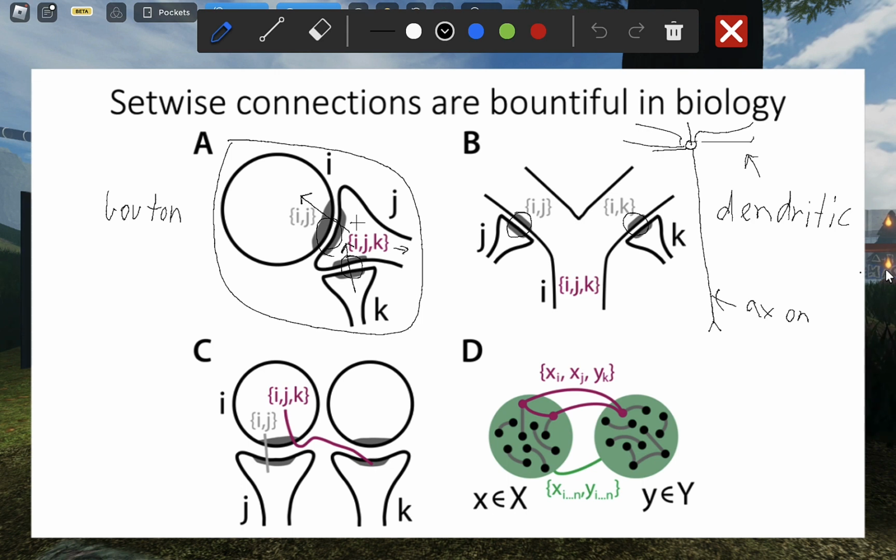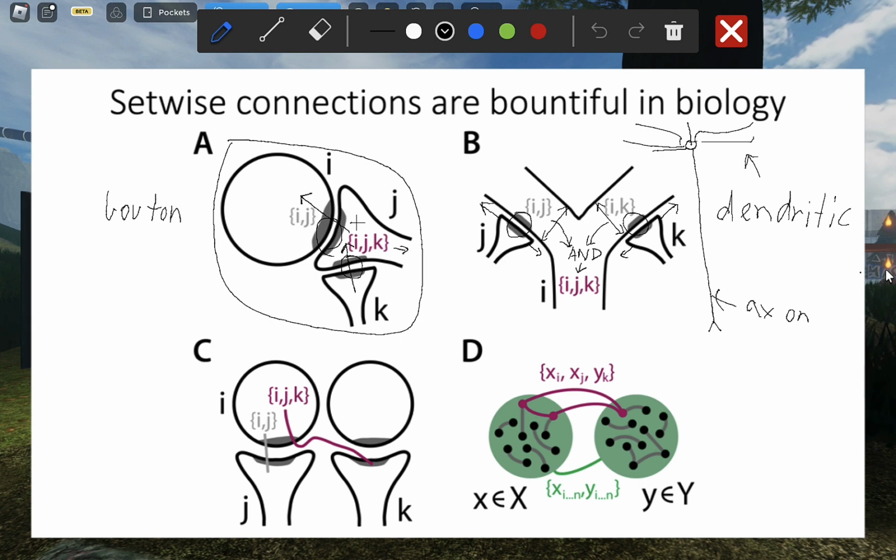So if neuron I, which is what we call the postsynaptic cell, the one being affected by the neurons J and K in this case, was already active and then J and K were active, but it was a condition in order for their activities to sum together or to be effective on I, let's say that they both need to reach some threshold and have some kind of AND operation here, then you sort of have a set of connections in some functional sense between J, K, and I. And what's interesting about these examples is that a slight physical move of these synapse locations, which can happen, dramatically changes the integration as well as the shape of these dendrites.